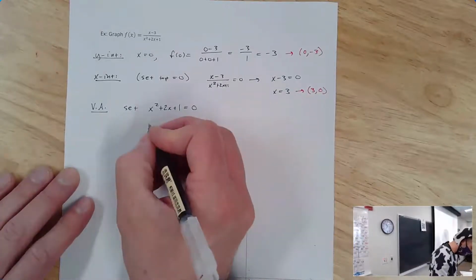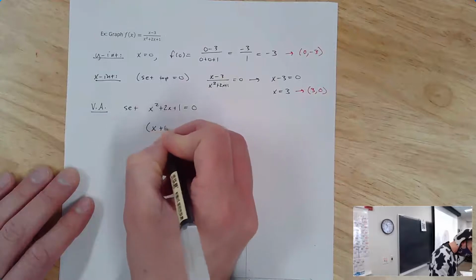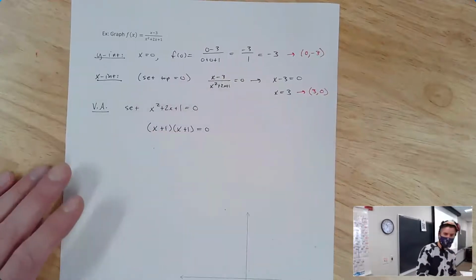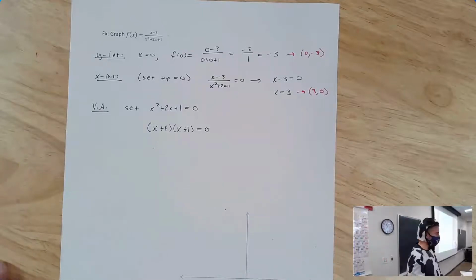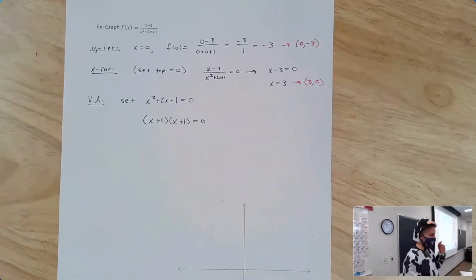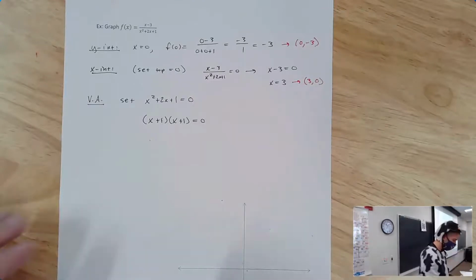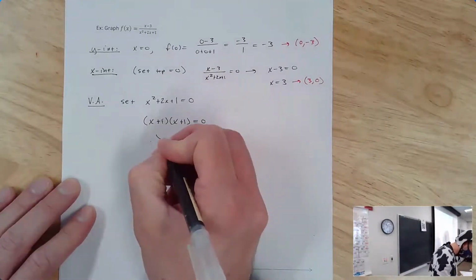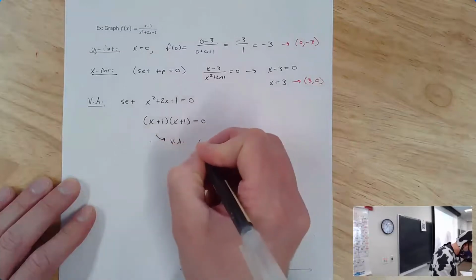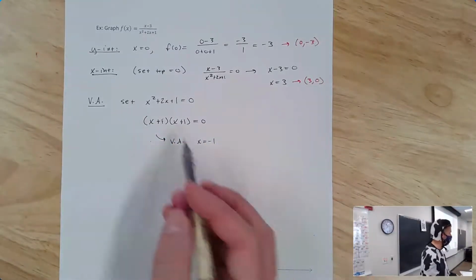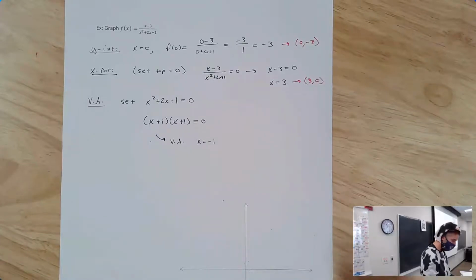Factors as x plus 1 times x plus 1. Okay, here's a place where it's easy to make a small error if you're not being too careful. What is my only vertical asymptote? Right. What's its multiplicity? It is 2, right? Because I really should be writing this as x plus 1 squared.